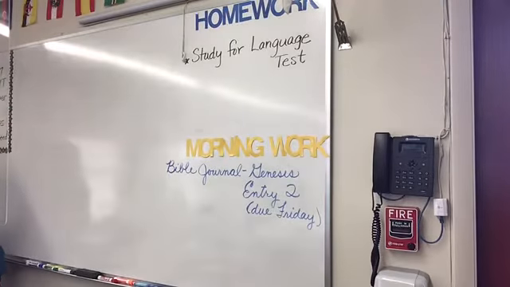Okay, ready? 6, 12, 18, 24, 30, 36, 42, 48, 54, 60. And then 6 times 11 is 66. And then 6 times 12 is 72.